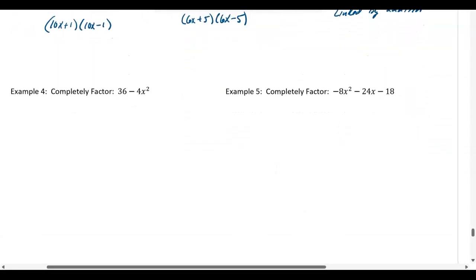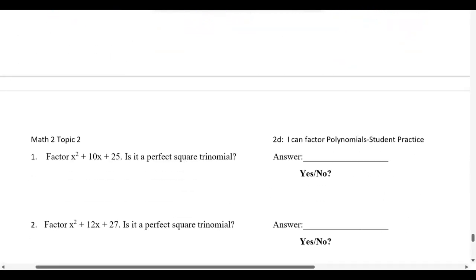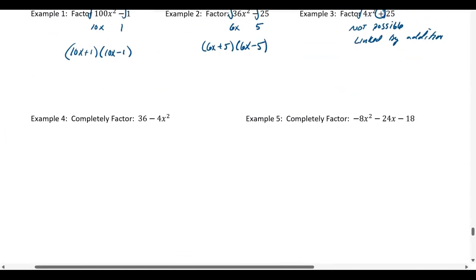So let's talk about completely factoring here. What do I always start with? I always start with the GCF. So if I start with the GCF here, 36 and 4 can both be divided by 4. So divide by 4 is going to give me 9 minus x squared. Now I have to look, is 9 a perfect square?